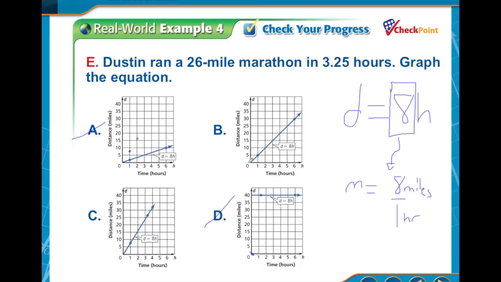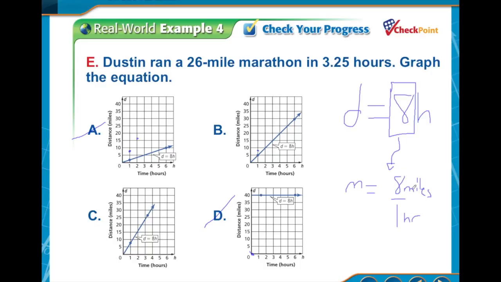If I go to B, after 1 hour, how far should we be? 8 miles, right? So 1 hour, am I up at 8? Well, 8 would be about here. And notice this graph is only at 5. That looks very, very low. Let's double check. So after 2 hours, if I double this, how many miles should I be?